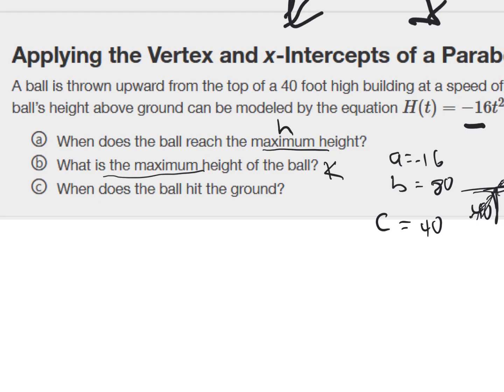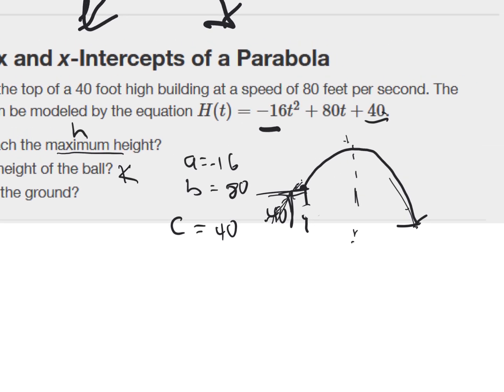That's a good question. When does that ball hit the ground? How long will it take? So in reality, time is this axis here, and then you have this y-axis here. So that would be my time, that's my x, and this is my height, that's my y.